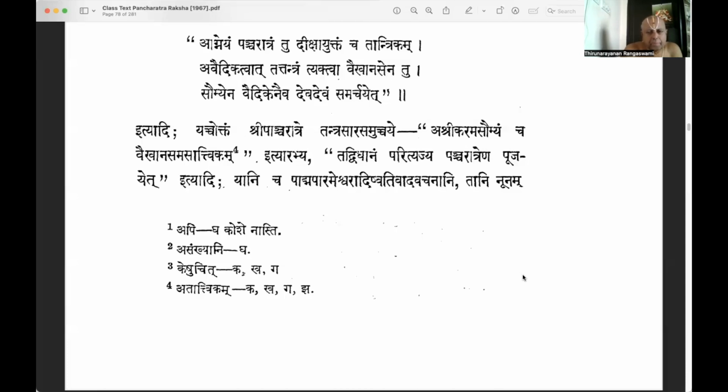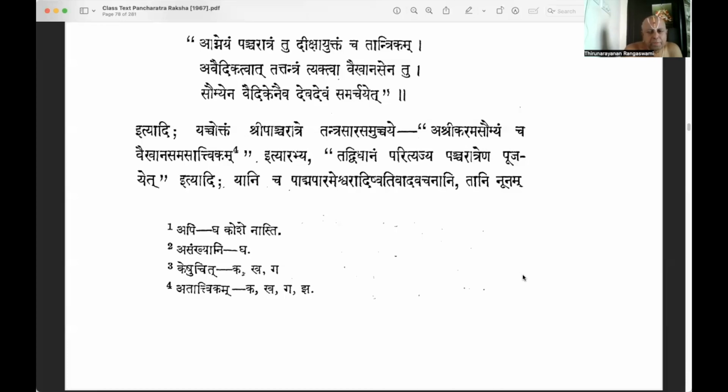Please remember that Vaidikam is Saumyam, meaning any scriptural attachment is pleasant, beautiful. So if it is not connected with the scriptures, it is ugly. It is not beautiful. It is also favorable. Saumyam is favorable.